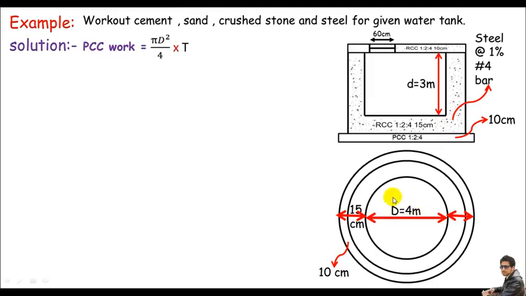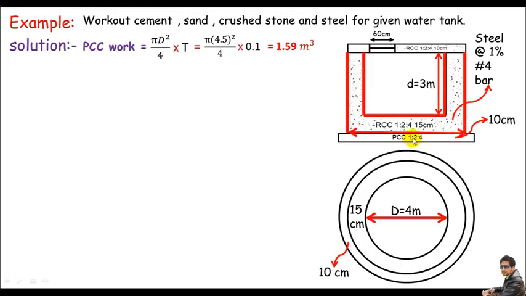The diameter is 4.5 meter. So pi times 4.5 squared divided by 4 times the thickness. The thickness is 10 centimeter, which means 0.1 meter. With a little mathematics, you get 1.59 cubic meter. This is the PCC work at the base.